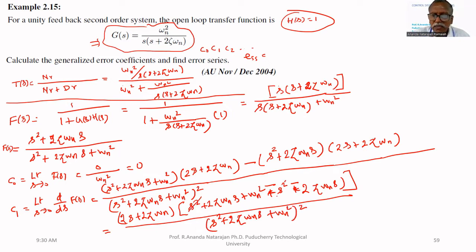S square gets cancelled, 2 zeta omega n S gets cancelled. Omega n square alone is there.